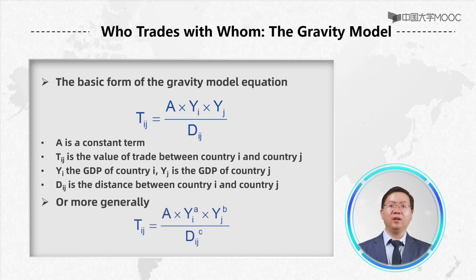Or, more generally, the equation can be rewritten like this: Tij equals A multiplied by Yi to the power a, multiplied by Yj to the power b, divided by Dij to the power c, where a, b, c are allowed to differ from 1.